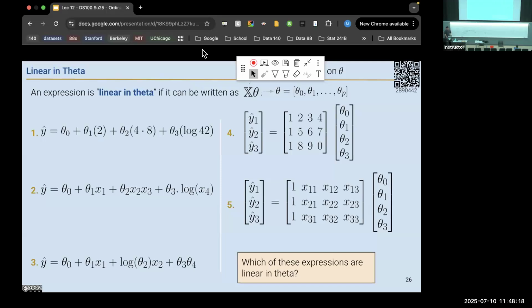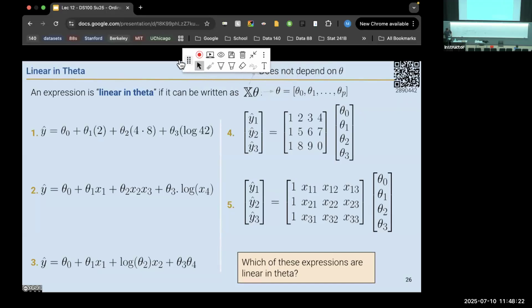Anyways, here's a new definition. We say an expression involving thetas is linear in theta if it can be written as X theta, like our multiple linear regression model, where X is a matrix that does not depend on theta, and theta is just a vector of all the thetas.